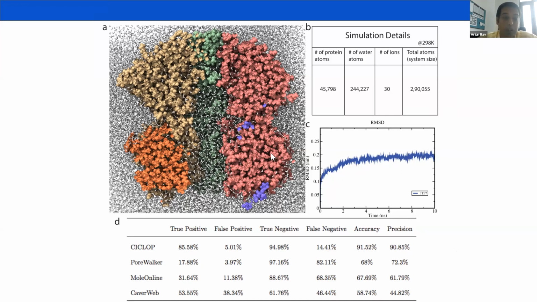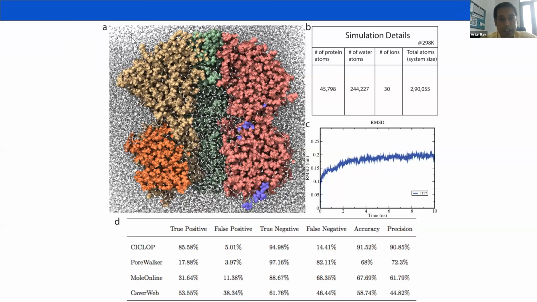If we saw that a residue is at least 80% in contact with water, we considered it accessible. And from there, when we tried all the other methods, you can clearly see that Cyclop supremely overperforms in terms of precision at 90%, 91%, and accuracy at 91.5%. That gave us even further confidence in our method, and we took quite a diverse set of structures.